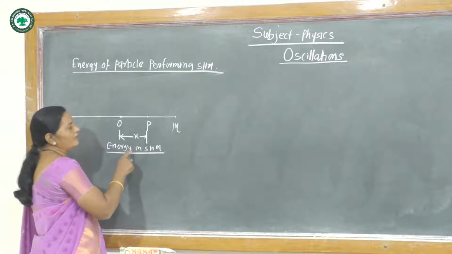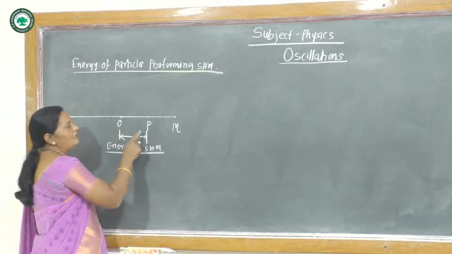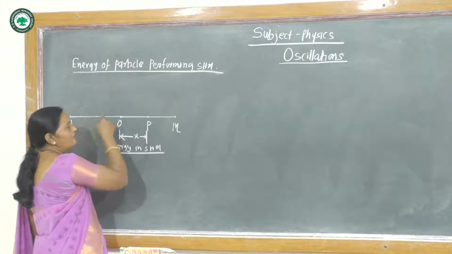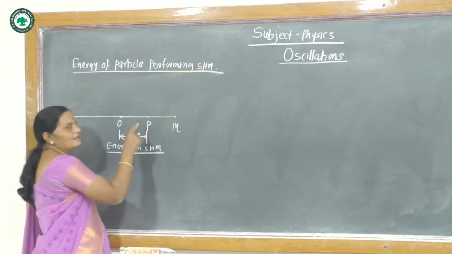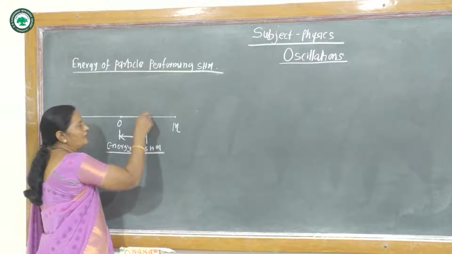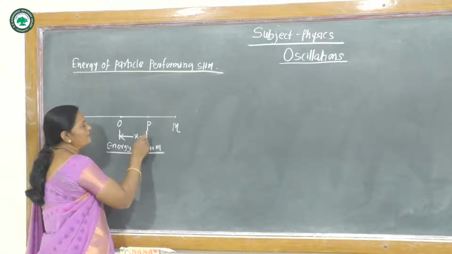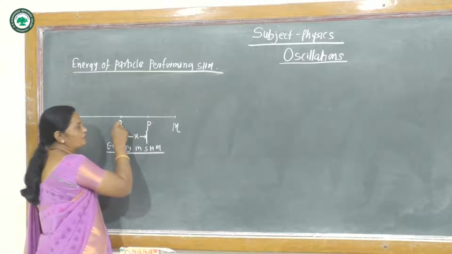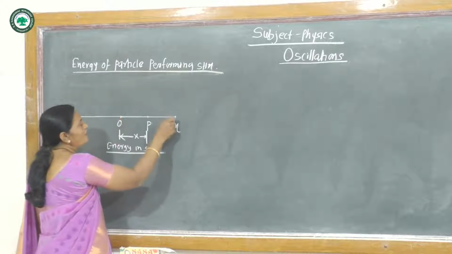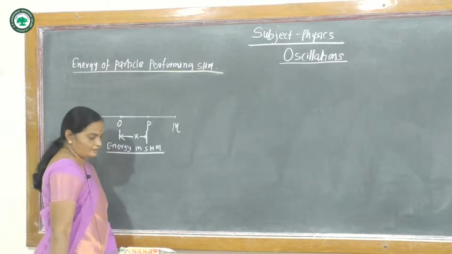Now here we consider the particle performs simple harmonic motion about the mean position. Let us consider the particle is at point P at a distance x from the mean position. Therefore, it performs linear simple harmonic motion.